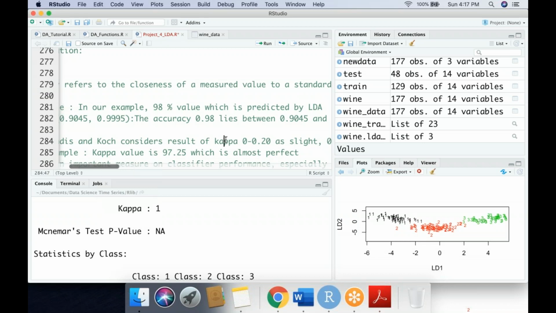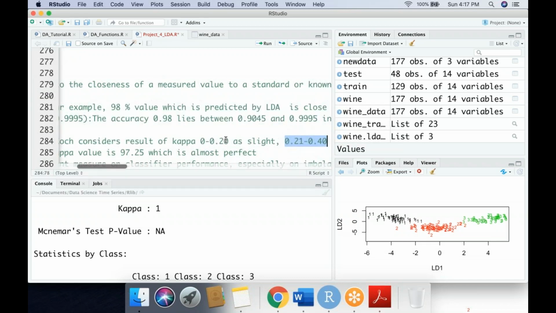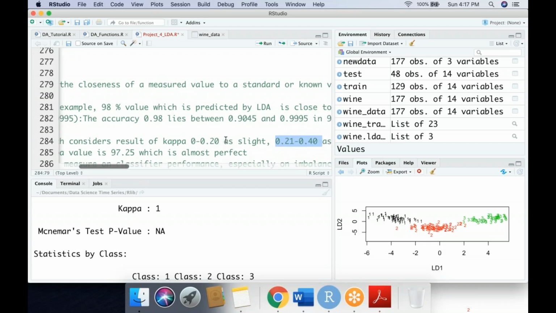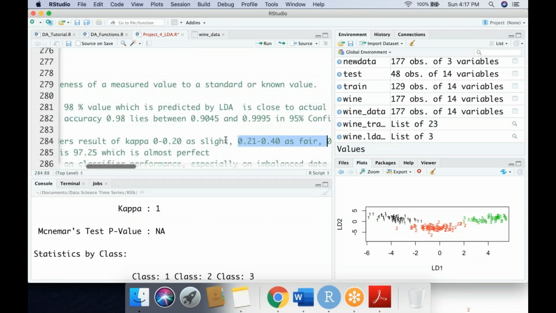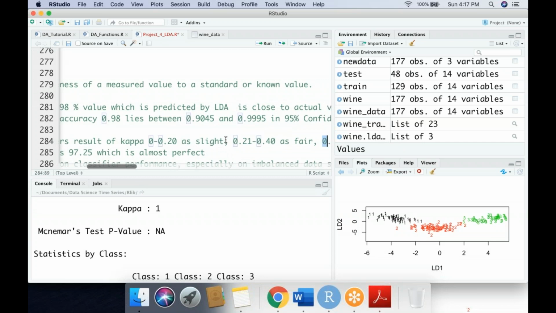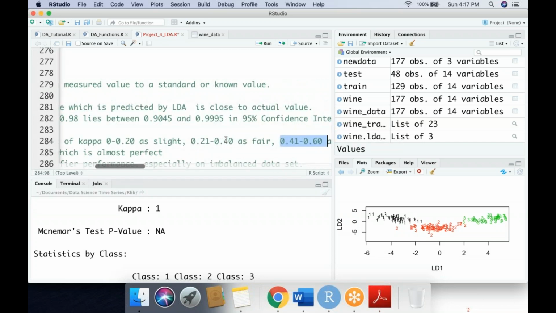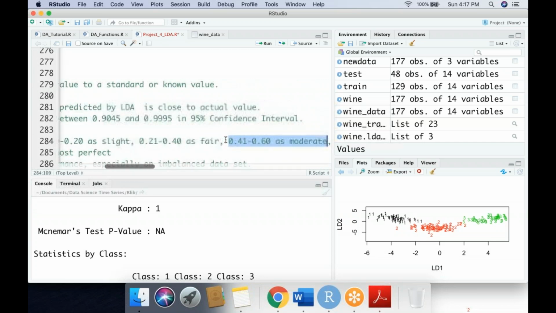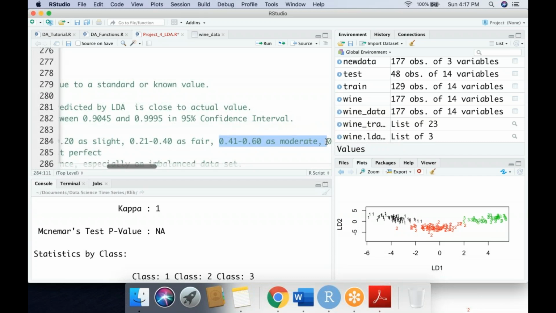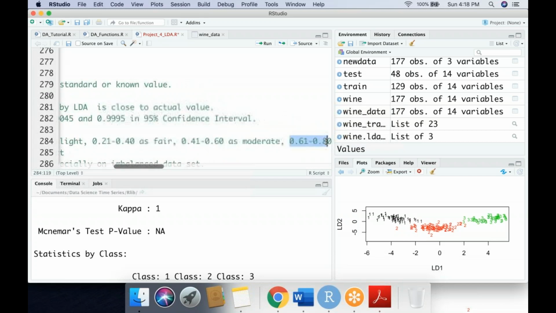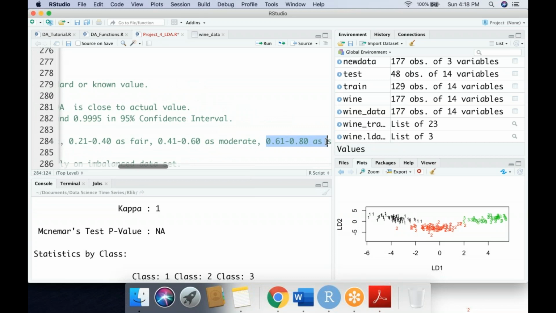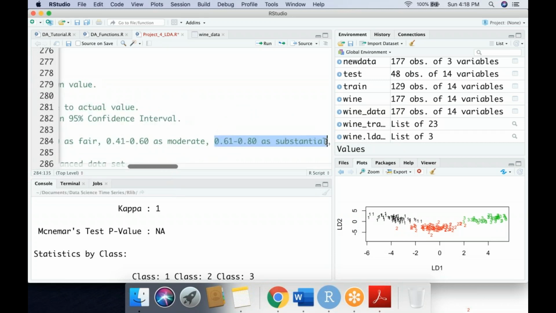Earlier we talked about the confusion matrix, but we have not talked about kappa. So this is a new thing I'm introducing to you. Then similarly, if the kappa score is 21 to 40%, it is known as fair agreement. 41 to 60%, it is known as moderate agreement. 61 to 80% is substantial agreement.